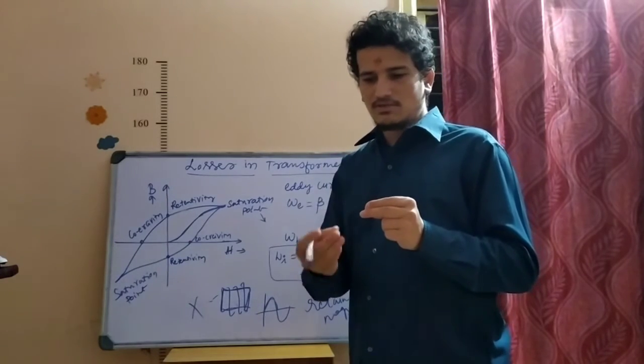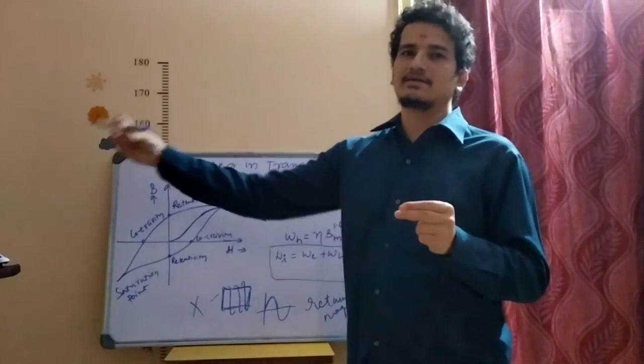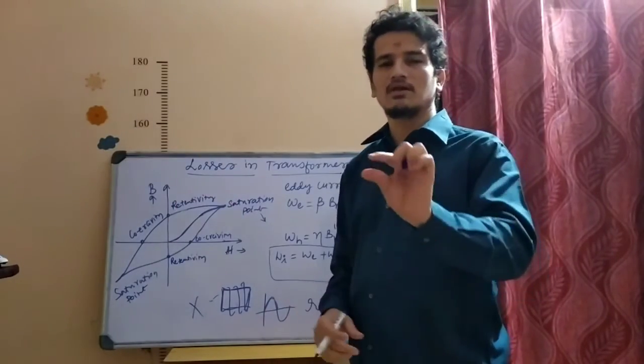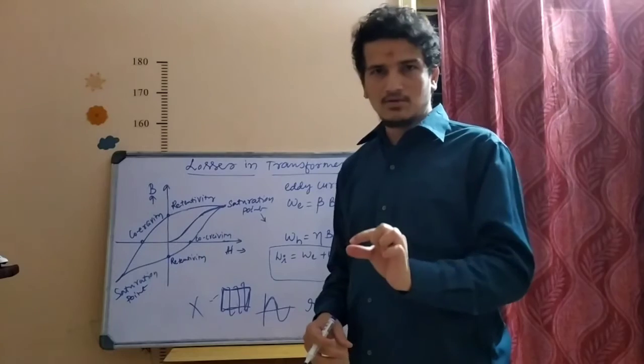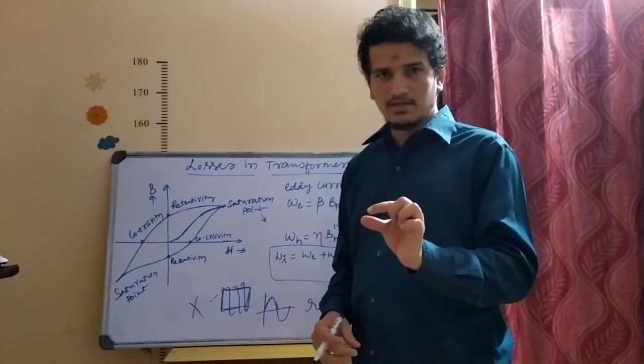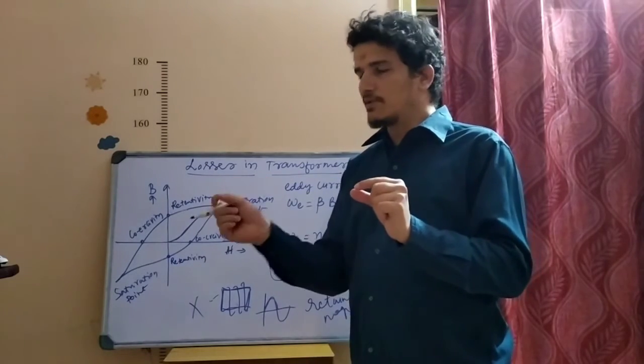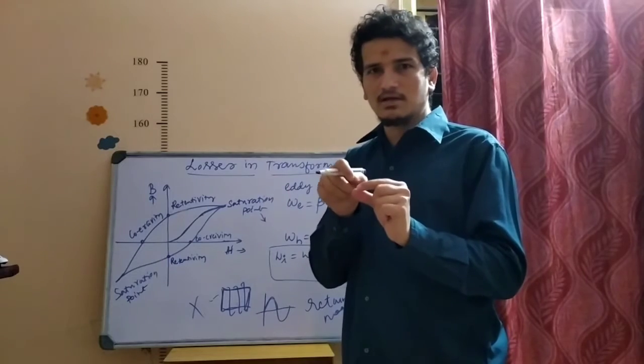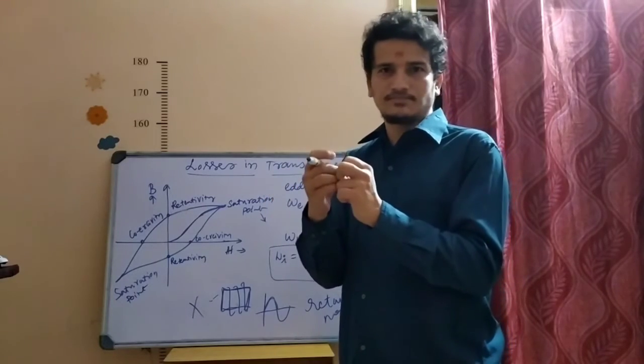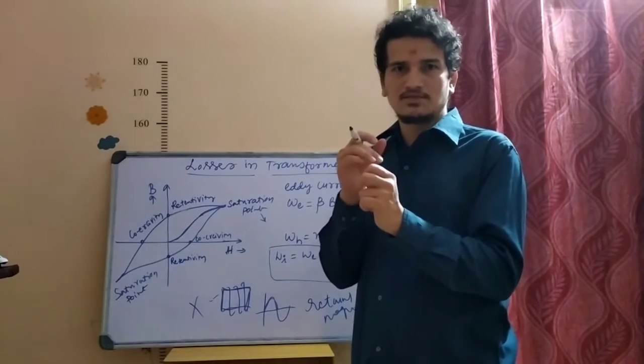But in the course of time, I remove that permanent magnet and leave that iron material. What will happen if you bring one more iron material here? Again, it will attract.